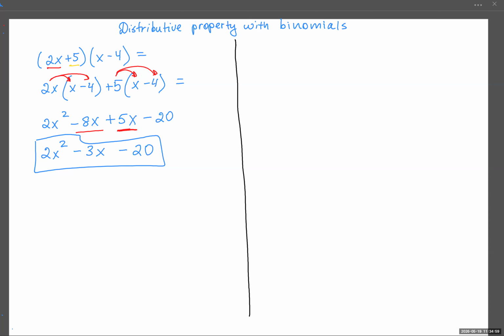So it is the exact same question, 2x plus 5, x minus 4. So the FOIL method created a little acronym. FOIL means that you multiply the first terms first. The first terms for us are 2x and x.